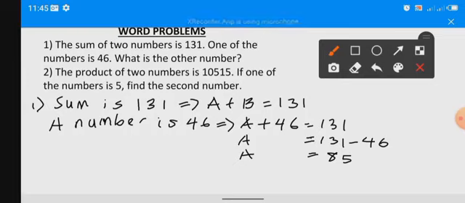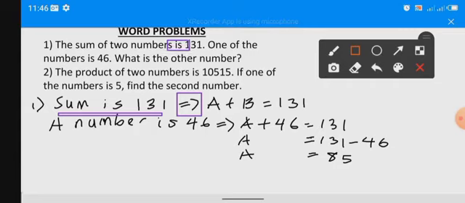Now we said sum of two numbers, that's sum. So the sentence said sum is 131. It implies a plus b, if the two numbers are a and b, so it means that the addition of a and b is being said. In mathematics, whenever you have "is", it implies equal to.